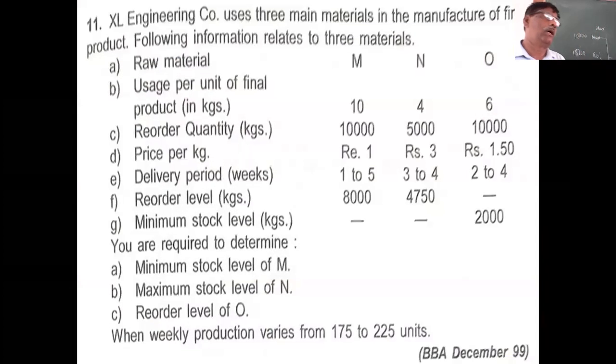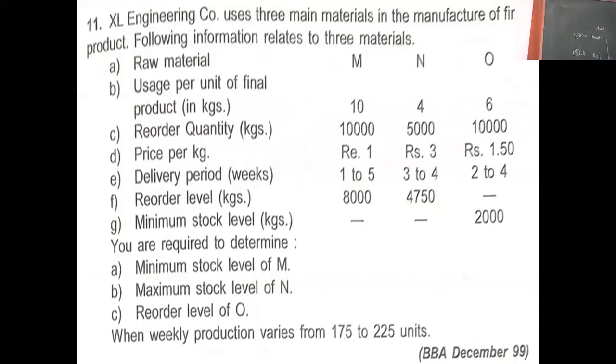You see this example. Excel Engineering Company uses 3 raw materials to produce one product. To produce 1 unit of finished product, they require 3 raw materials, yarn material and wool material.